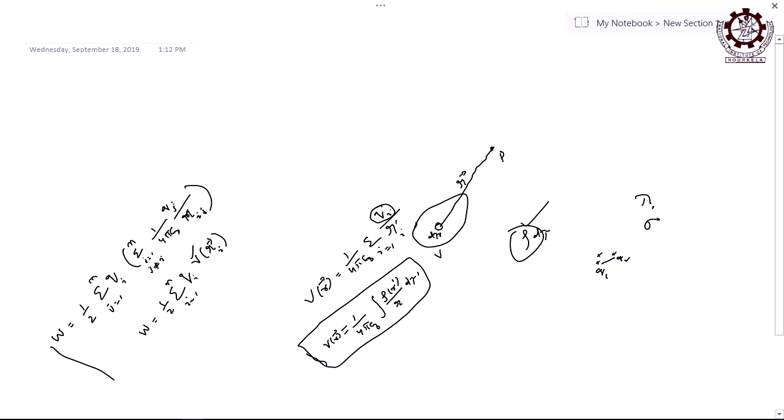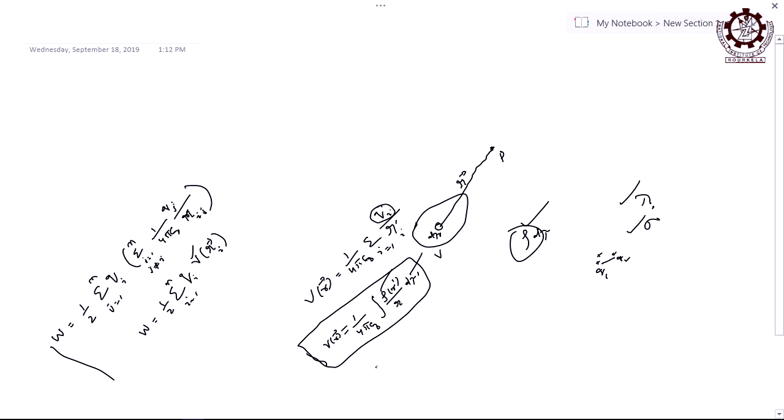Similarly, when it is lambda, a linear charge density, and surface charge density, what will be the potential relation? If it is surface, then what to do? Just this density will be replaced by sigma, and this tau will be replaced by S, that is all. The rest of the things remain as they are, right.